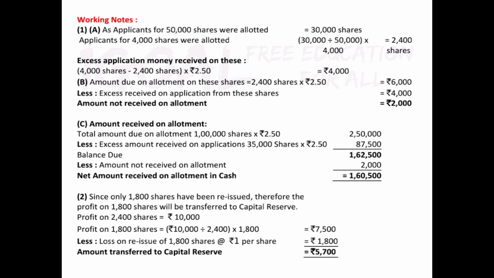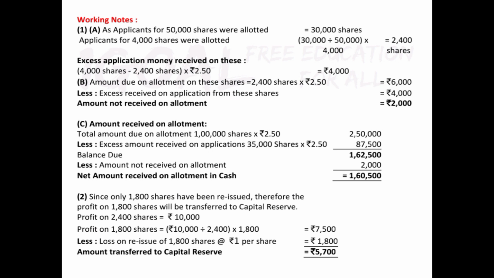Now the amount which is due on allotment from this shareholder will be on 2400 shares, because we have allotted him only 2400 shares. The 2.5 of allotment on 2400 shares due will be 6,000, out of which 4,000 we are already having. So that means ultimately the amount which was not received on allotment is only 2,000.